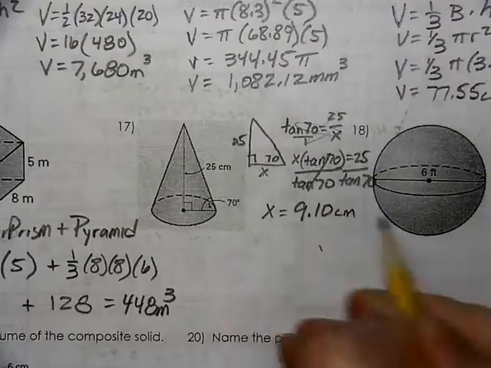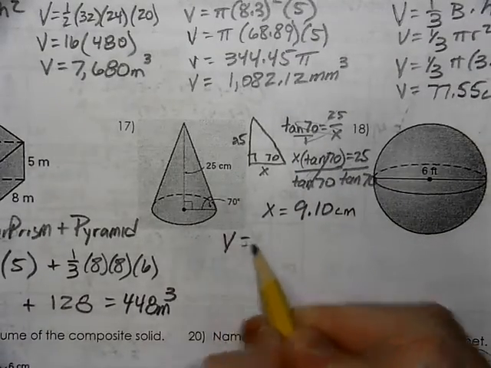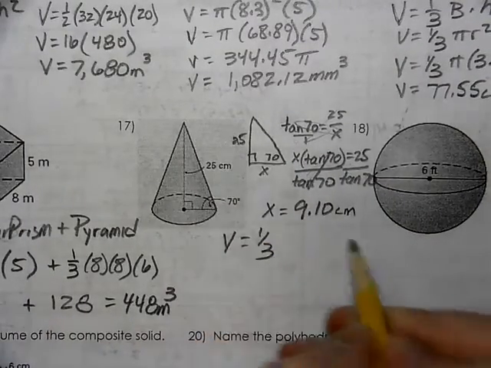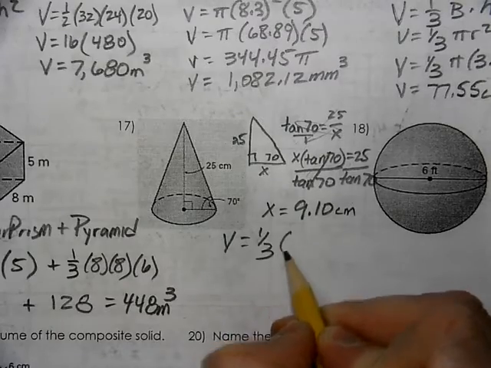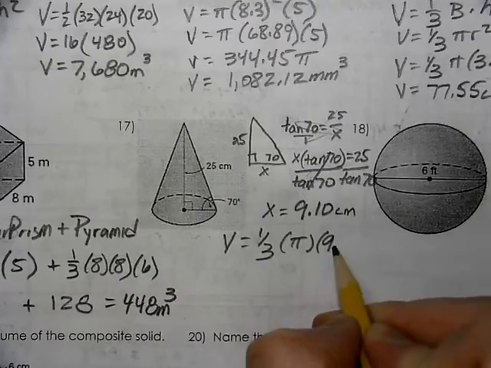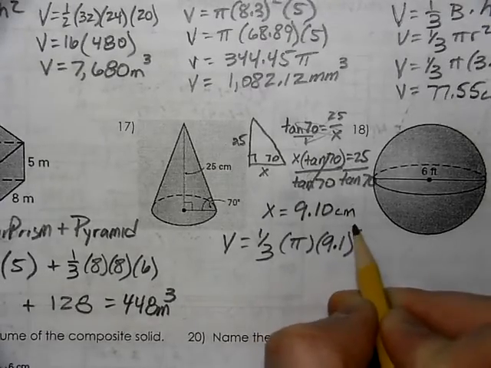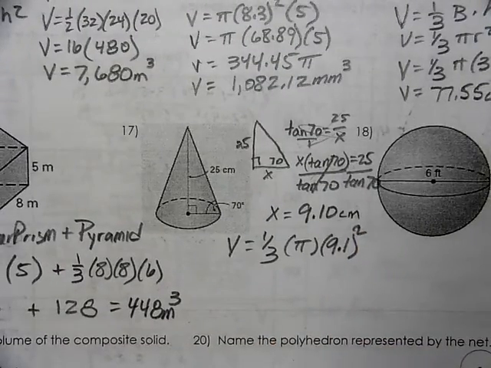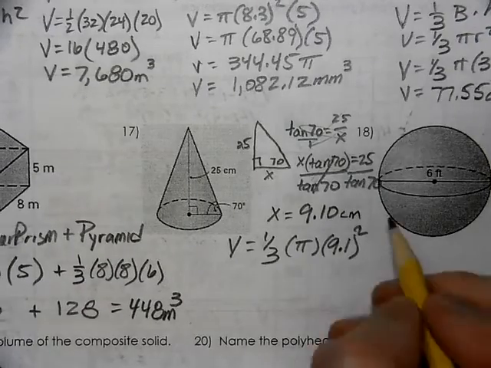Those are centimeters. So now I can calculate the volume as 1/3 the base, which is pi times radius squared, pi r squared, that's the area of the circle, times the height.